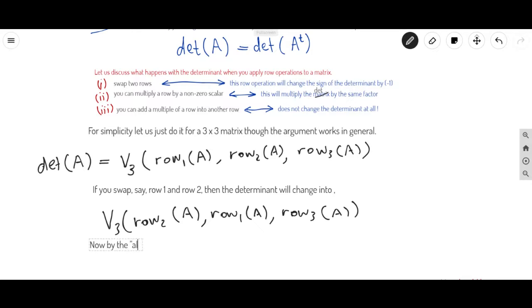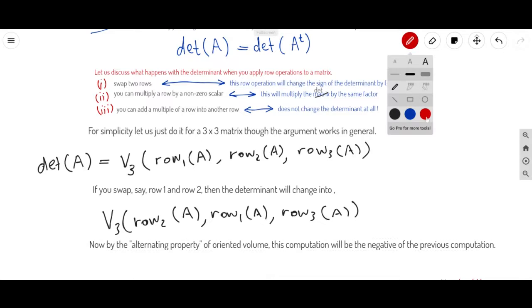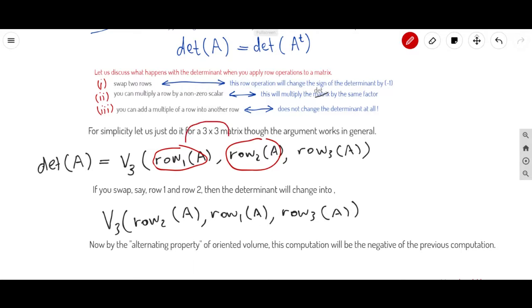By the alternating property of oriented volume, as we've talked about, this computation will be the negative of the previous computation. Because the alternating property says that if you take any two vectors, let's suppose the first two, and you swap them, the volume will become the negative of what it was. And so the new determinant will be the negative of what it was.